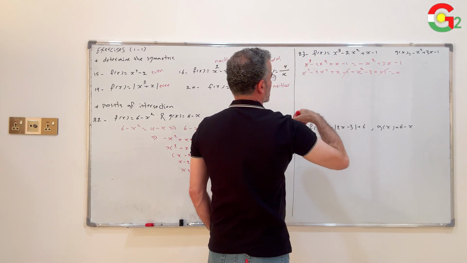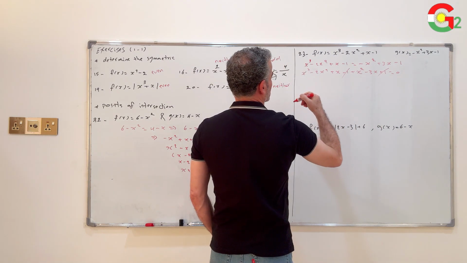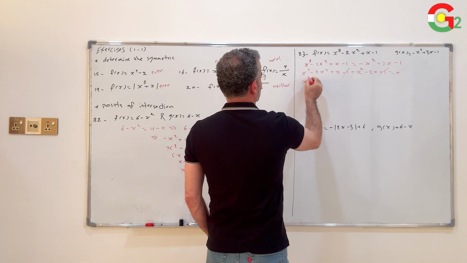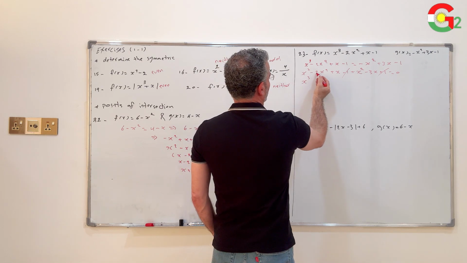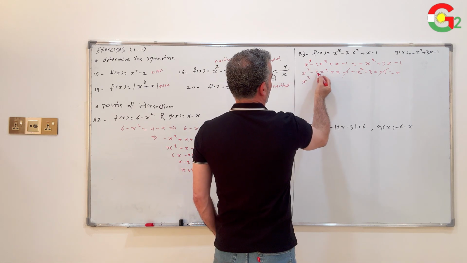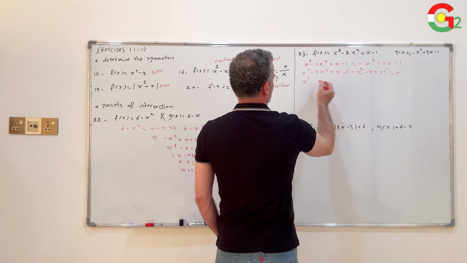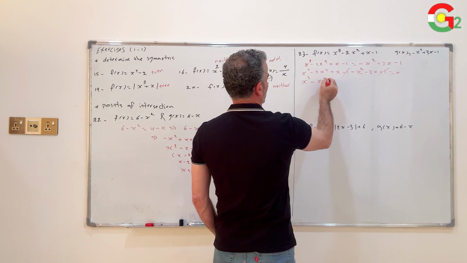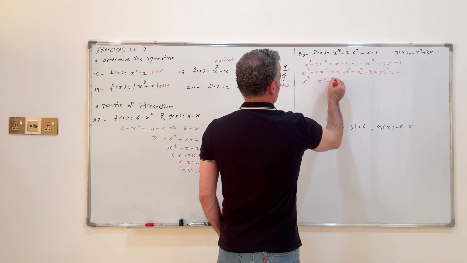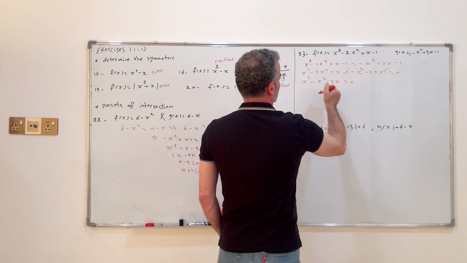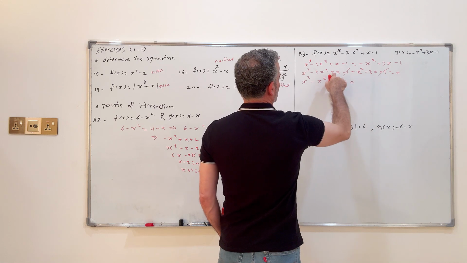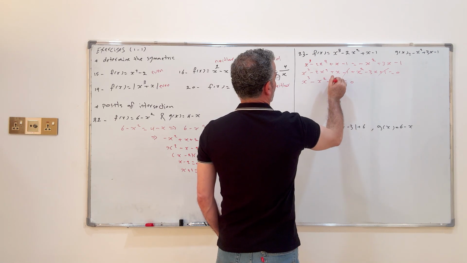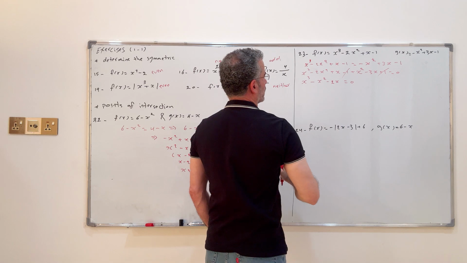Negative 1 with plus 1, then x power 3, minus 2x square plus x square, it's minus x square, minus 3x plus x, minus 2x equals 0.